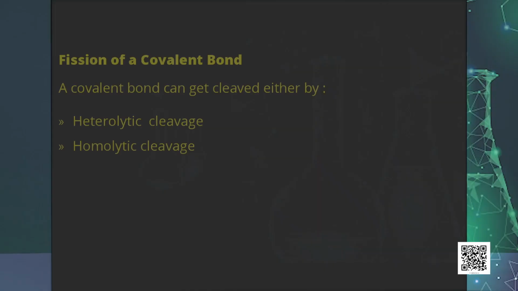As we know, a reaction proceeds by the cleavage of bonds in reactant molecules and the formation of new bonds in product molecules. In organic molecules, the covalent bond is cleaved by heterolytic fission or by homolytic fission.